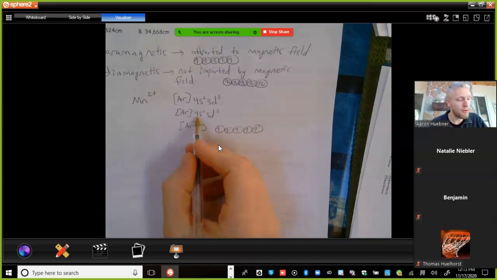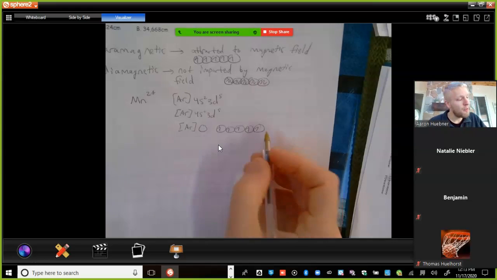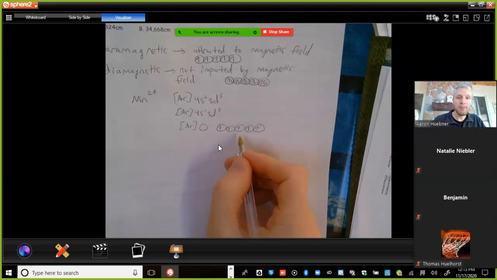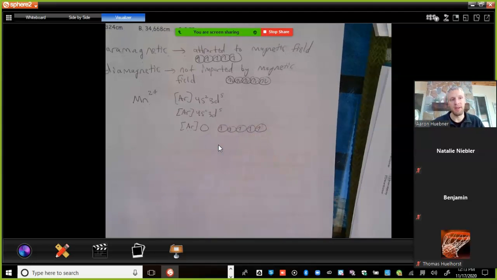And we pull them from the 4th energy level because it's further out than the 3rd. If we did pull 2 out from the d orbital, it would still be paramagnetic, but not as paramagnetic as this configuration.